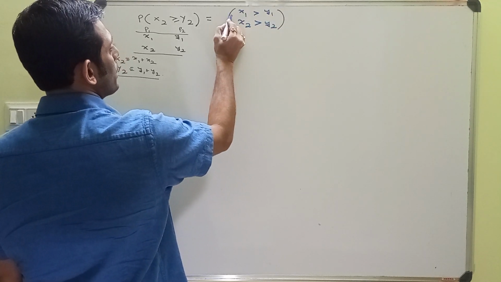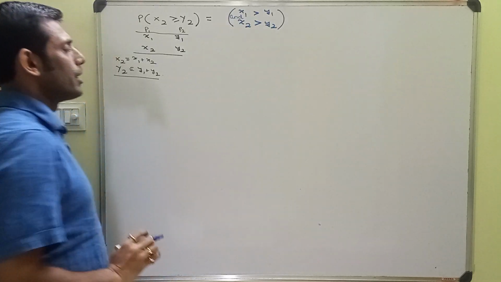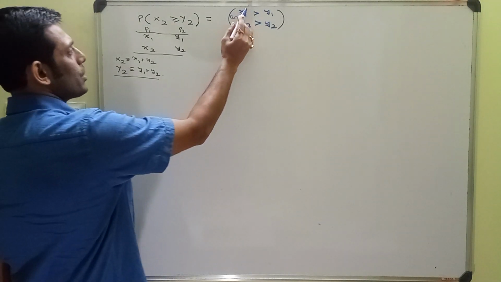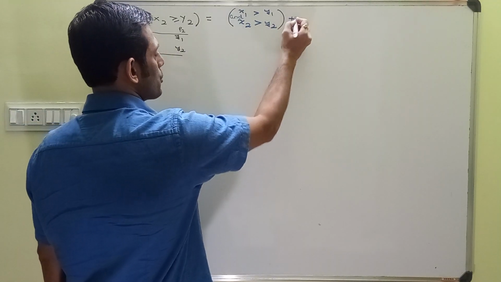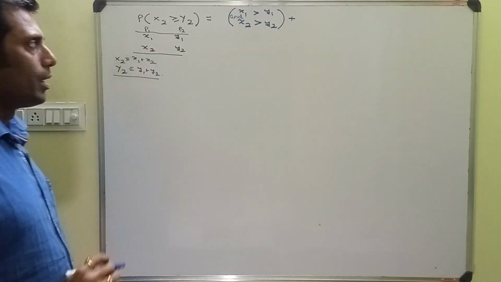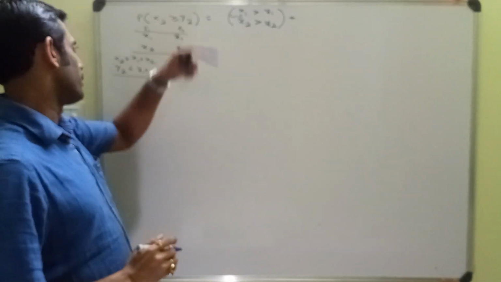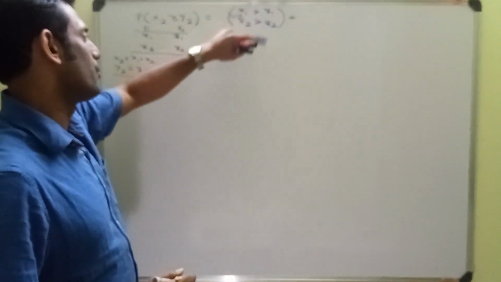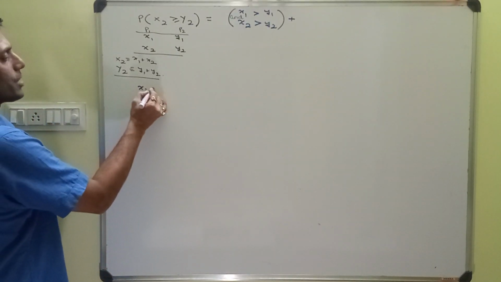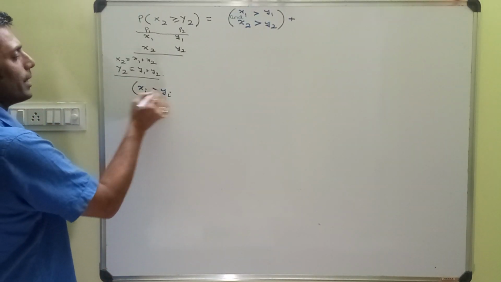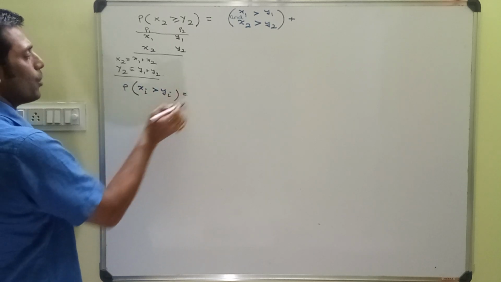In game 1, P1 scores more, and in the second game, P1 scores more. In both the games, P1 scores more. And there is a probability for each of them. Each of these, X1 greater than Y1 or X2 greater than Y2 or any Xi greater than Yi is basically an event whose probability would be counted.